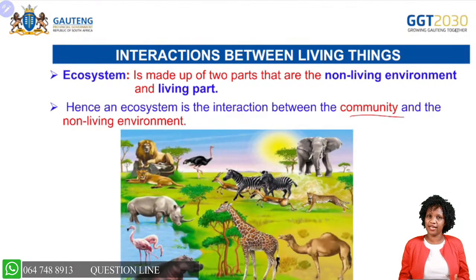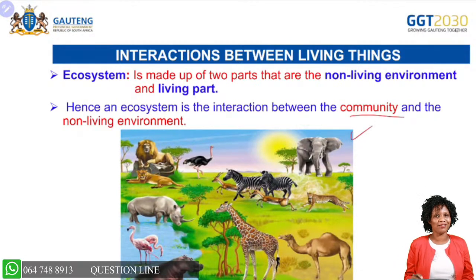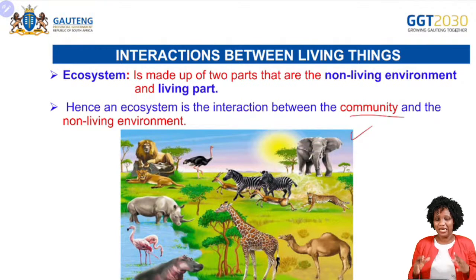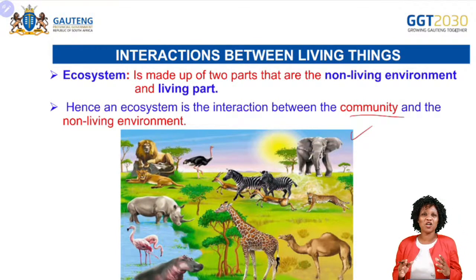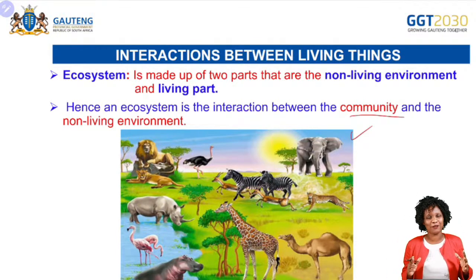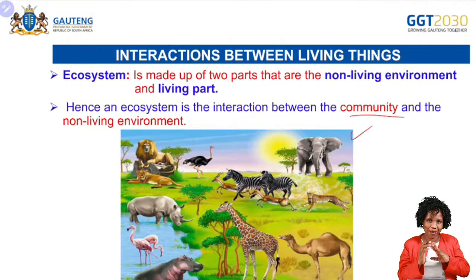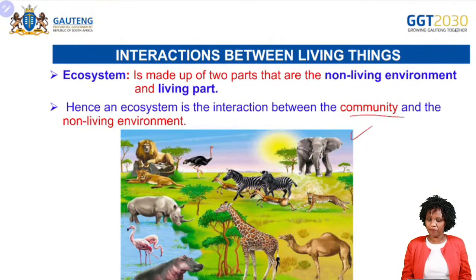We've got a poster here. All right. This poster is very attractive. It has got different types of animals. Remember, different types of animals living or sharing an environment. We call that a community because we've got different types of animals, or you can say different populations. Okay.